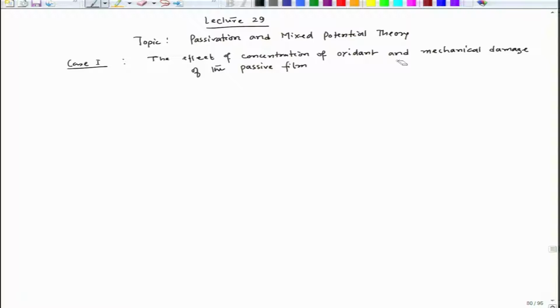When we try to do that, we will be considering activation controlled mode of cathodic polarization.